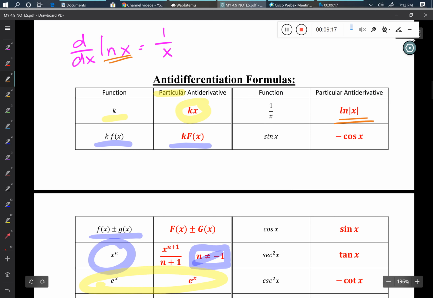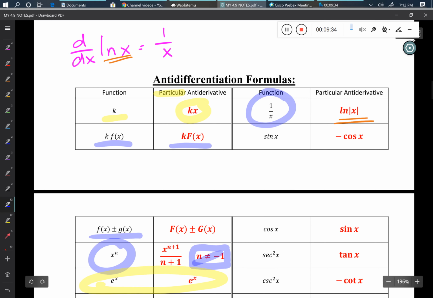And what this deals with is what the original function is in the process of antidifferentiation versus what the original function is in the process of differentiation. Because the original function is what defines the domain for your expression.